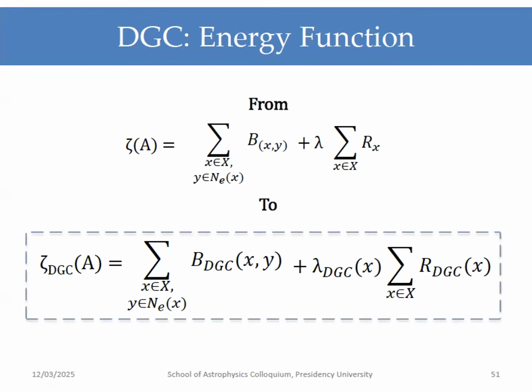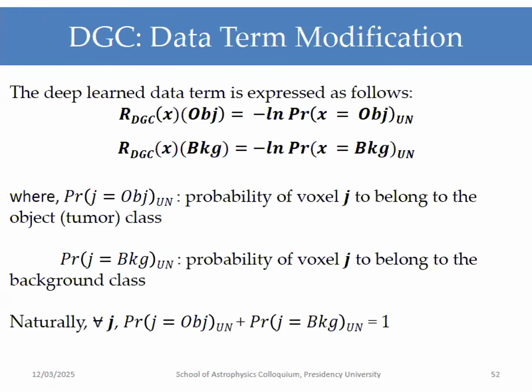So what we have done in our deep graph cut, you can see now we have different terms like BDGC and RDGC. This is now coming from the deep graph cut. You have the probability maps from this U-Net. Remember, again from the CNN, at the end you can apply the softmax function to get the idea of a voxel belonging to the object and a voxel belonging to the background, right?